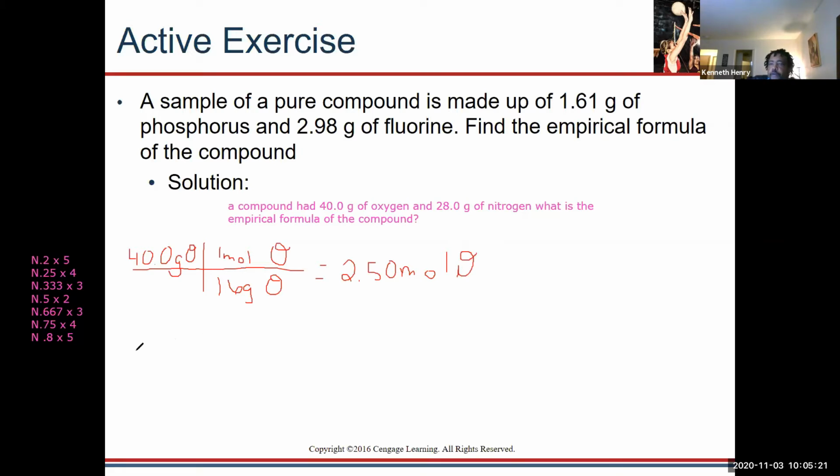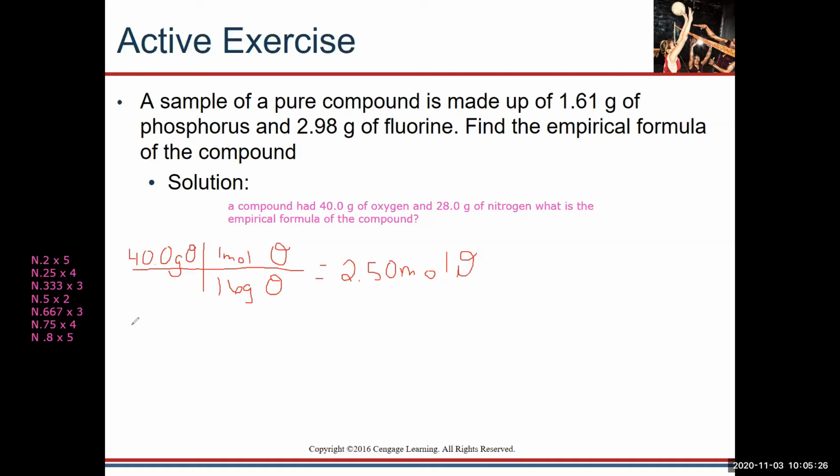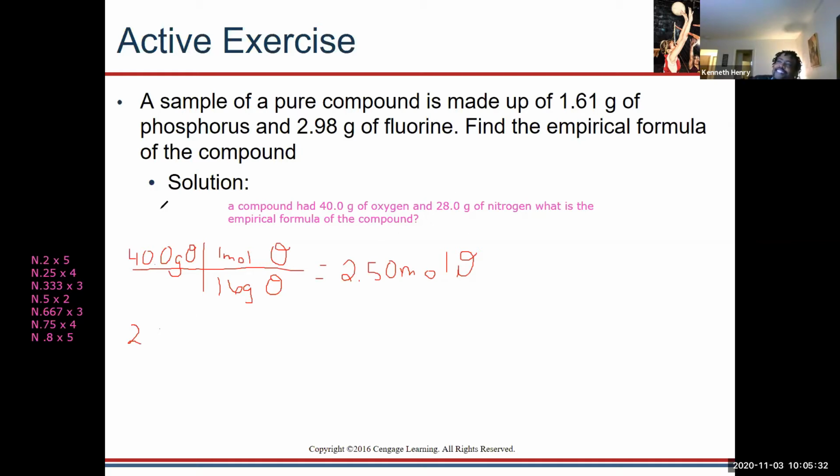Okay. And then what's next? The 28.0 grams of nitrogen, down here, the pink. Oh yeah.